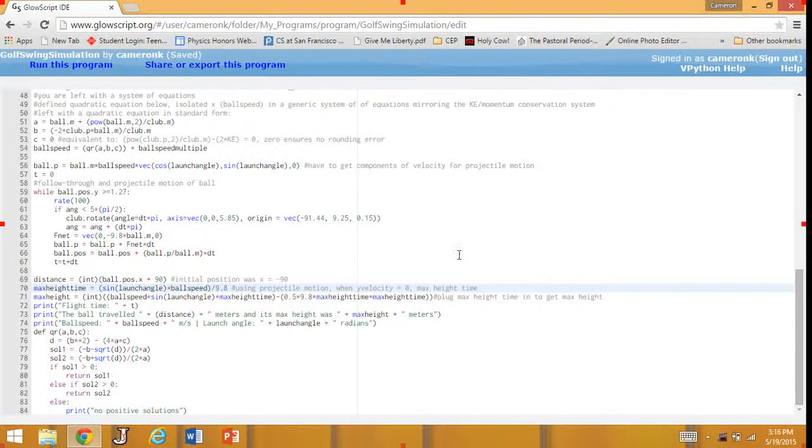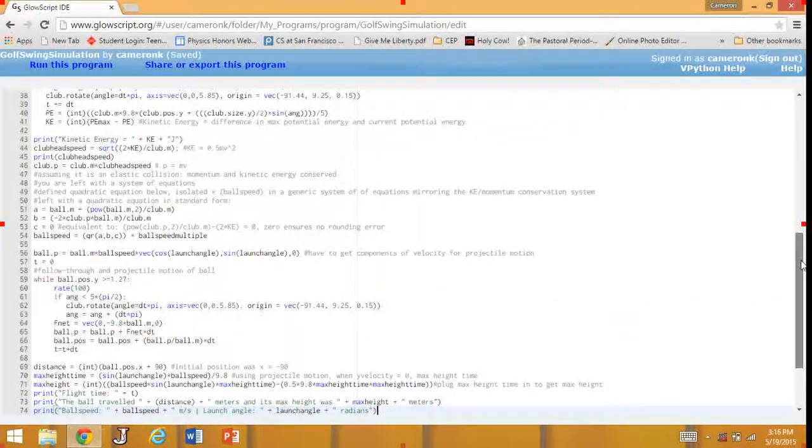So that's a simple calculation. And then plug the time into the projectile motion equation for y, and then you get the max height. And so I print out the time, the distance, the max height, the ball speed, and the launch angle, just to give a sense of the entire flight.